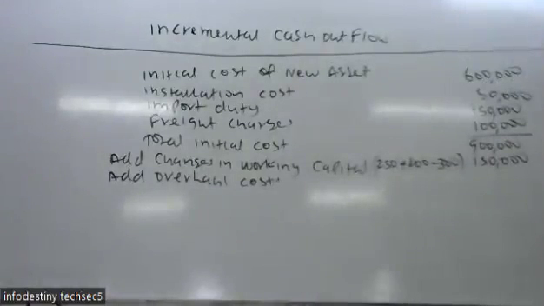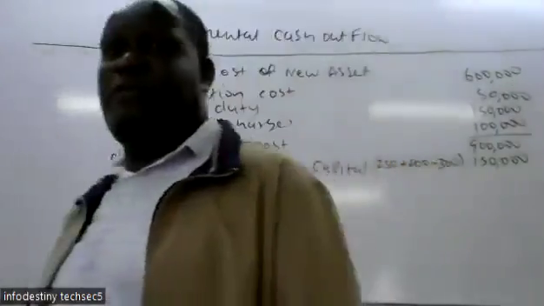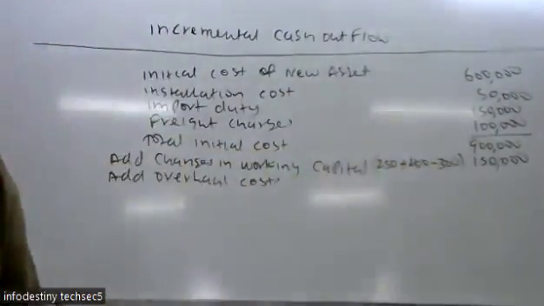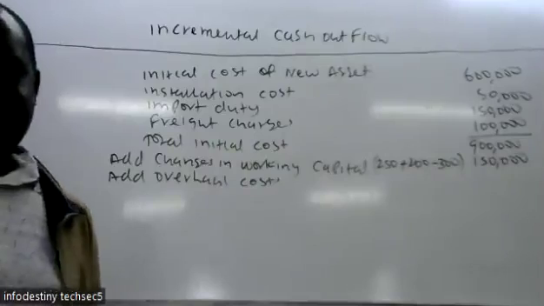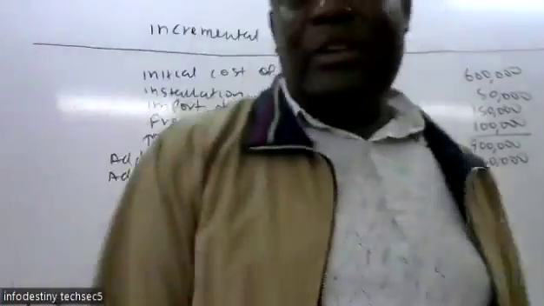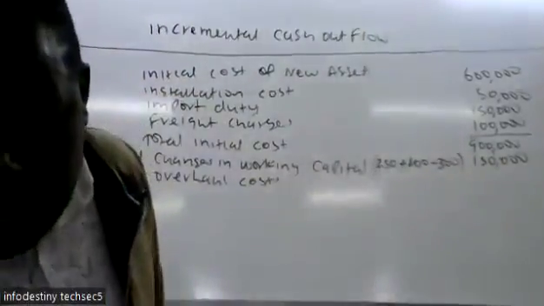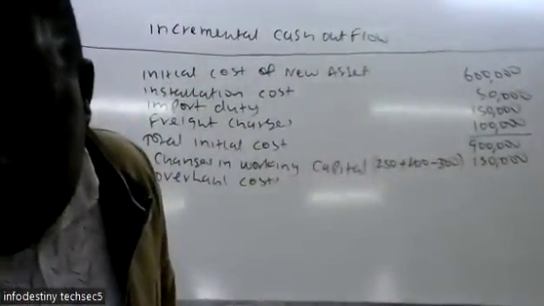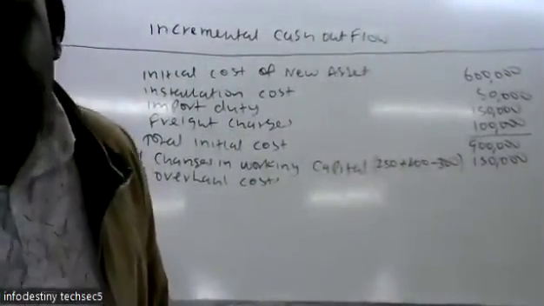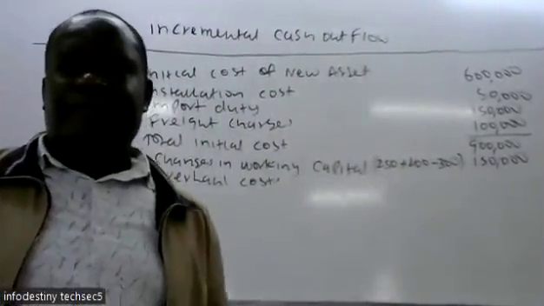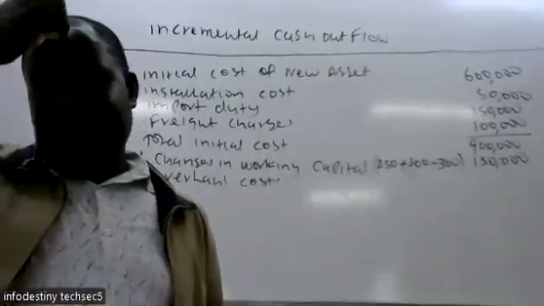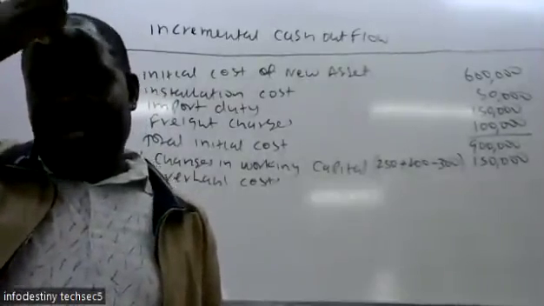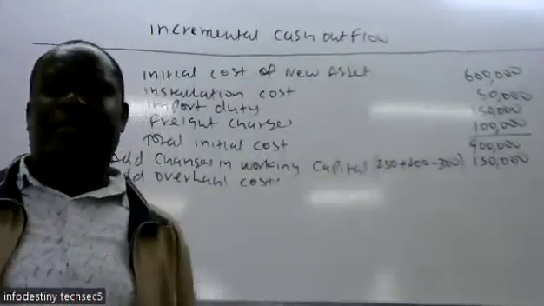But overhaul cost, we discussed something about overhaul when we were doing the NPV, isn't it? Those who are online, kindly let me know whether you remember we discussed something on the overhaul cost.